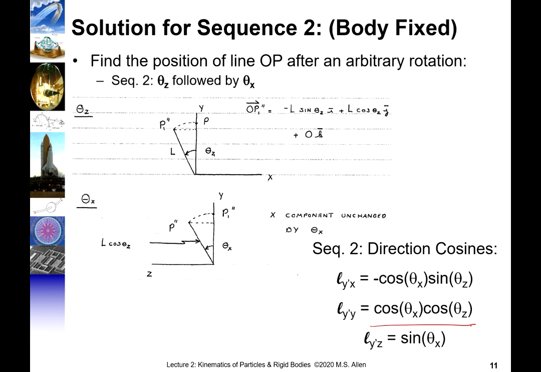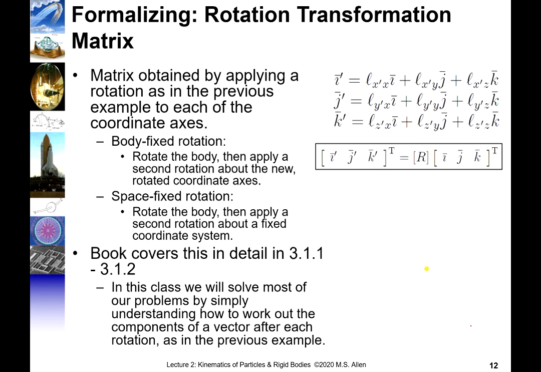So that's the rotation. All of this can be used to define a rotation in a very rigorous way and to define a rotation transformation matrix. And that will be useful to us. And in the most general case, we'll talk about rotations this way.